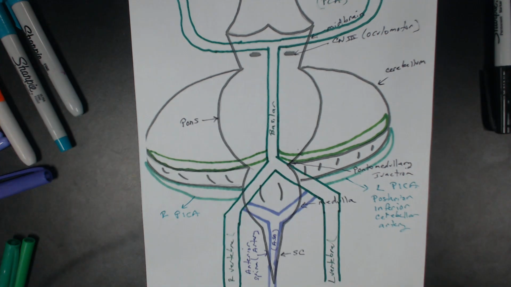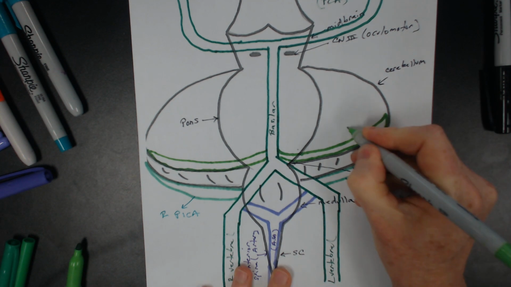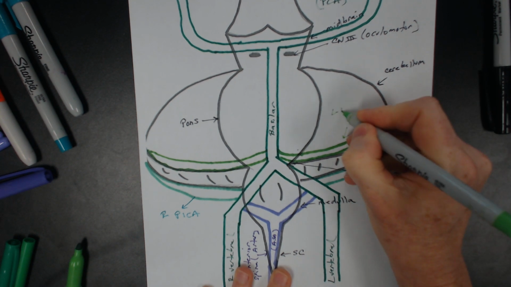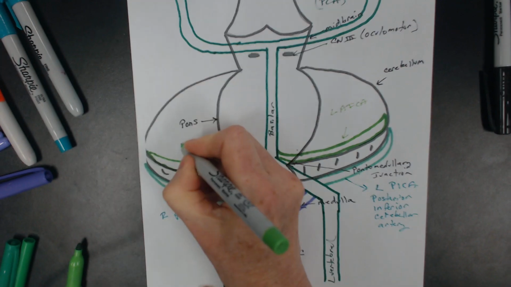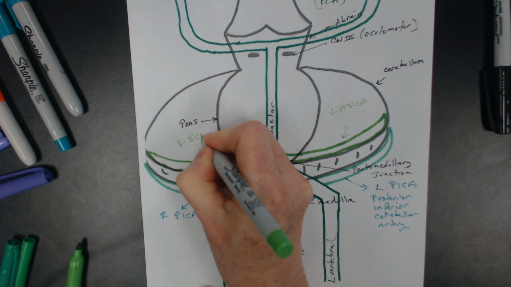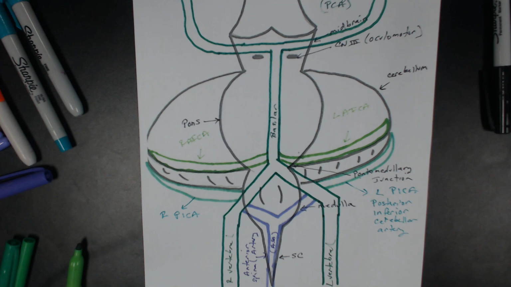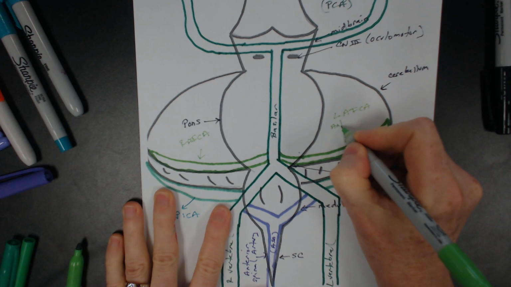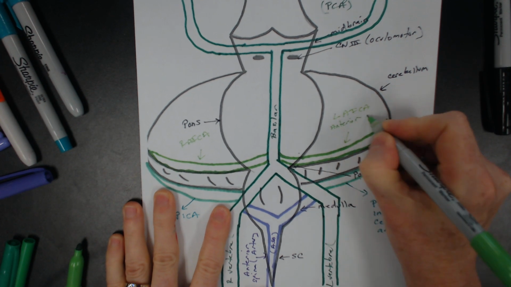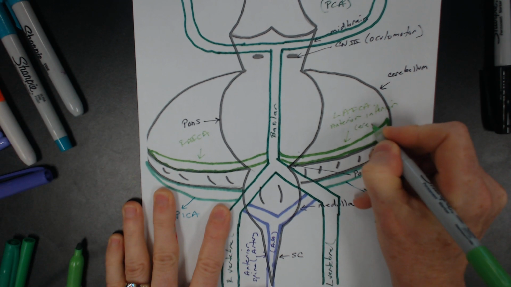So we have a left AICA, A-I-C-A, and we have a right AICA. And again, AICA is anterior inferior cerebellar artery.